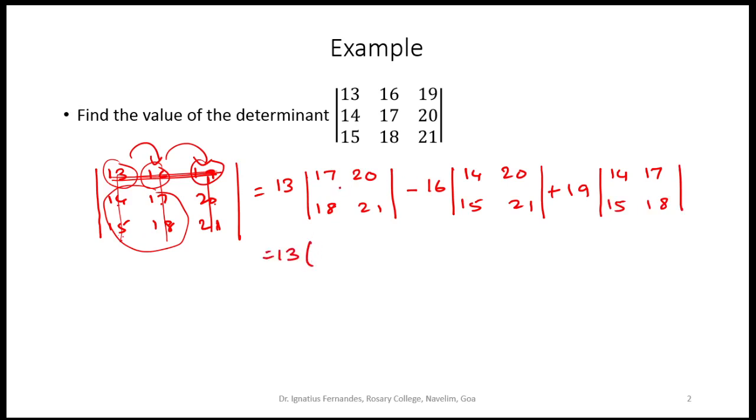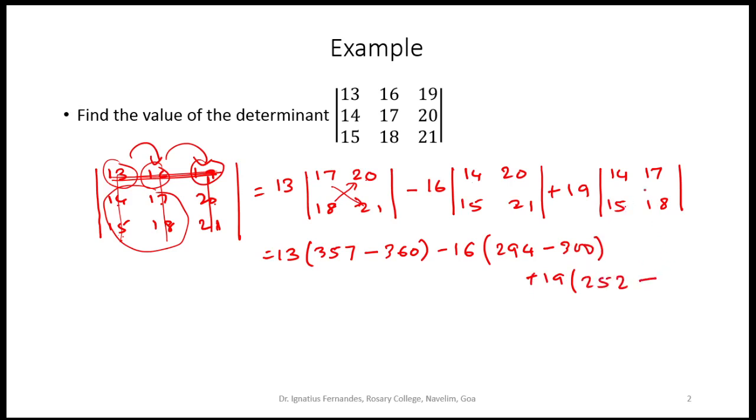So 13 into, I have to multiply 17 by 21 and then minus 18 into 20. 17 into 21 is 357 minus 18 into 20, that is 360, minus 16 into 14 into 21, that is 294, minus 15 into 20, that is 300, plus 19 into 14 into 18 is 252, minus 15 into 17 is 255.